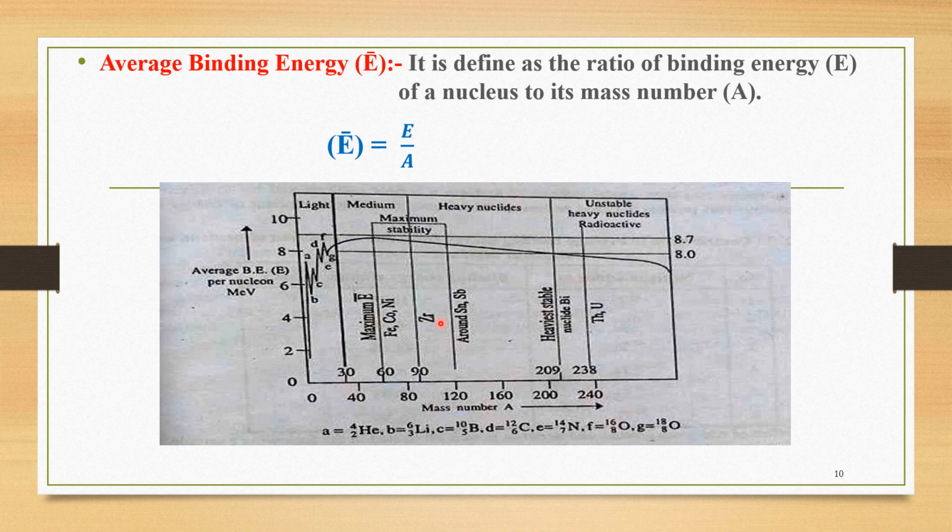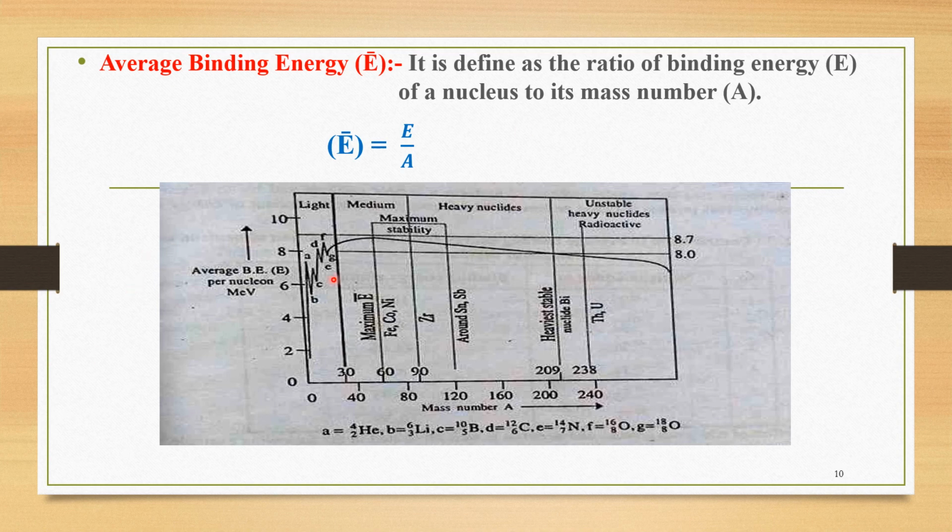Now, as we go to mass numbers more than 120, gradually the average binding energy per nucleon goes on decreasing. So we can say that the heavy nuclides, with atomic mass number more than 120, have very small average binding energy as compared to the mass number 60 to 120 nuclei, and so the heavy nuclides are called unstable nuclei.